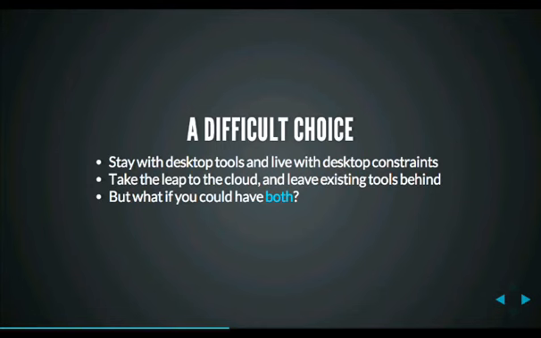So I'm faced with this really difficult choice: do I stay behind, or do I move ahead and feel the pain of the missing pieces until it catches up? But the question that Martin and I have been asking is, what if you could have both? How could we enable using those desktop tools while starting to take advantage of cloud capabilities and cloud tools?